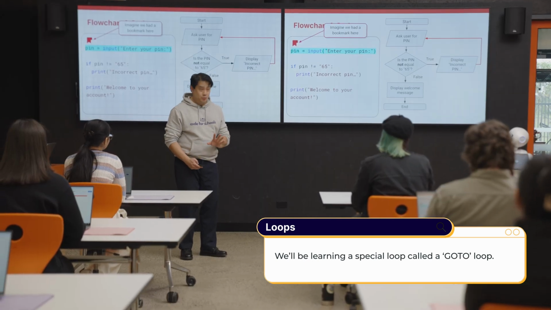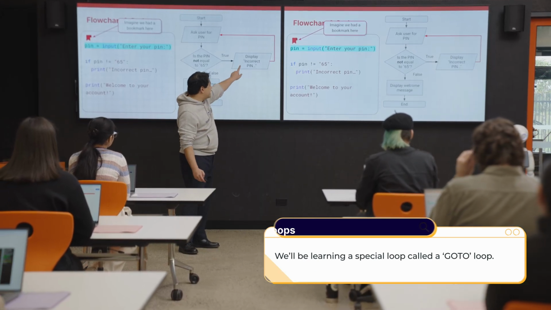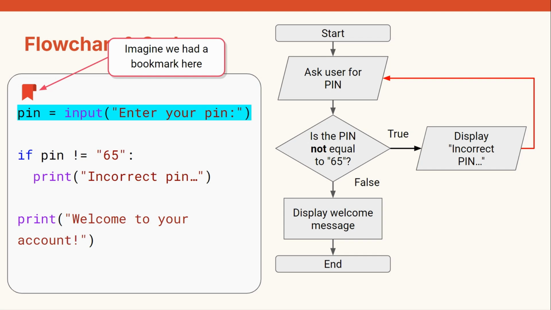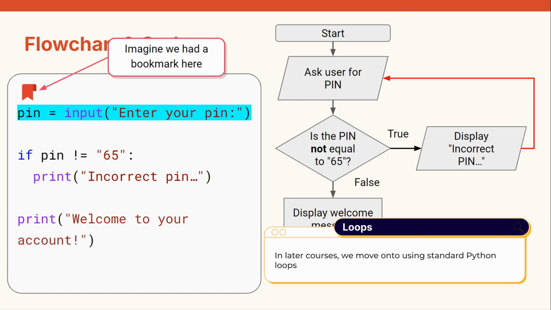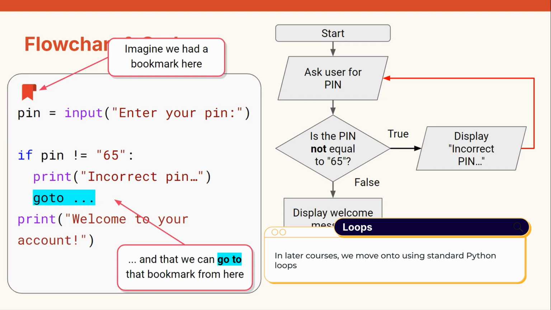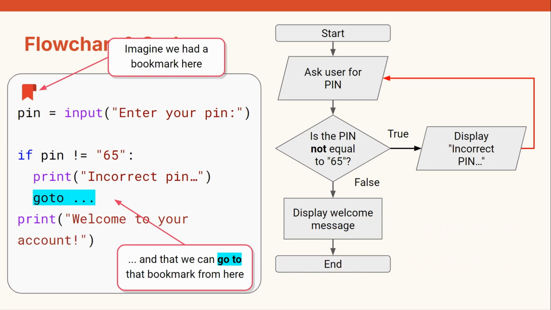The way the go-to loop works is imagine that you had a bookmark right before the line of code that you want to go to. And so we're going to use a statement that is go to. That's why it's called a go-to loop. Once again, not part of standard Python, but something we introduced to make it a bit easier.